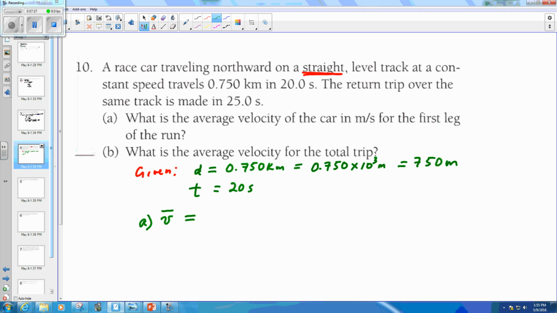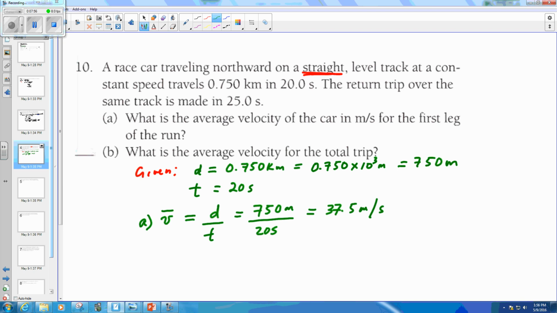Since it's in a straight line, that's the same as distance, divided by time. And so in this case, it will end up to be 750 meters divided by 20 seconds. And so 750 divided by 20, I think, ends up to be 37.5 meters per second. So our answer is 37.5 meters per second.